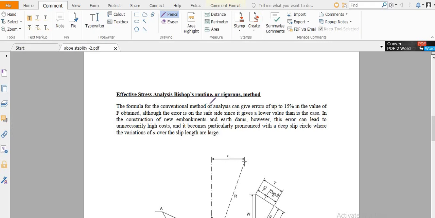That means it can check its own answer of the factor of safety and continue that process until a much better degree of accuracy can be obtained. The errors in the conventional method may be up to 15%, and this can be reduced by conducting this rigorous or iterative method.